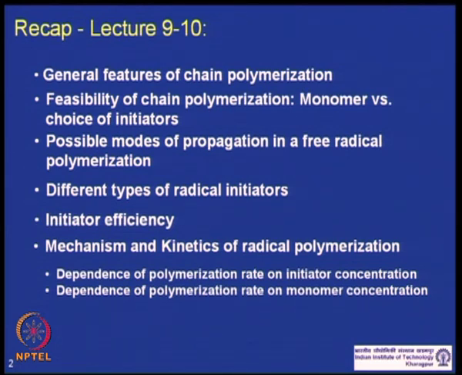We began our discussion with general features of chain polymerization, how chain polymerization compares with step polymerization, and then we discussed how a monomer's structure determines its feasibility towards undergoing polymerization reactions, towards the initiator, different kinds of initiator, radical, cationic or anionic, and then we found out that during chain polymerization the head-tail arrangement is always exclusively preferred.